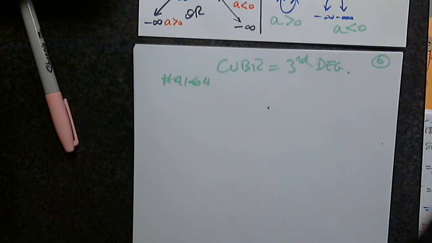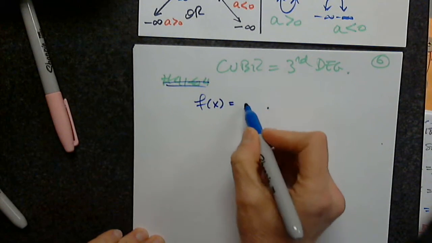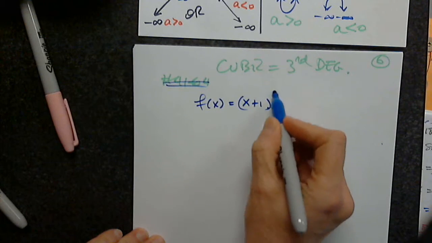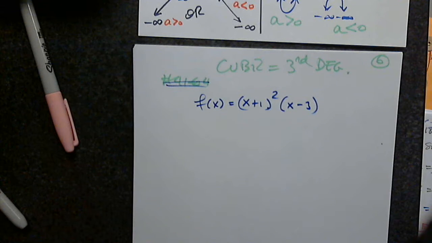So let's choose another third degree. Yes, I see, 53 and 54. Okay, let me pick one. Can anyone give us the degree of this polynomial?